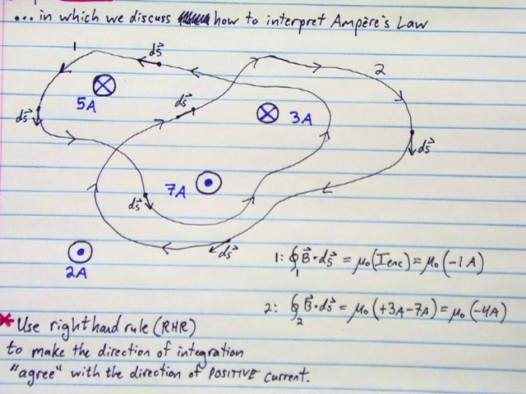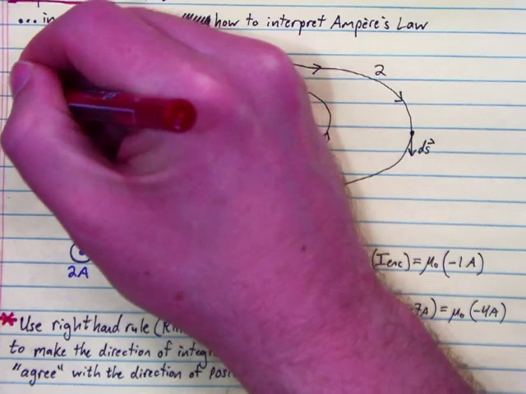Okay, here's one for you to try. I'm going to draw the path, then ask you to pause the video for a moment and determine the current enclosed by this path I'm about to draw. Okay, this one will be, say, like this.